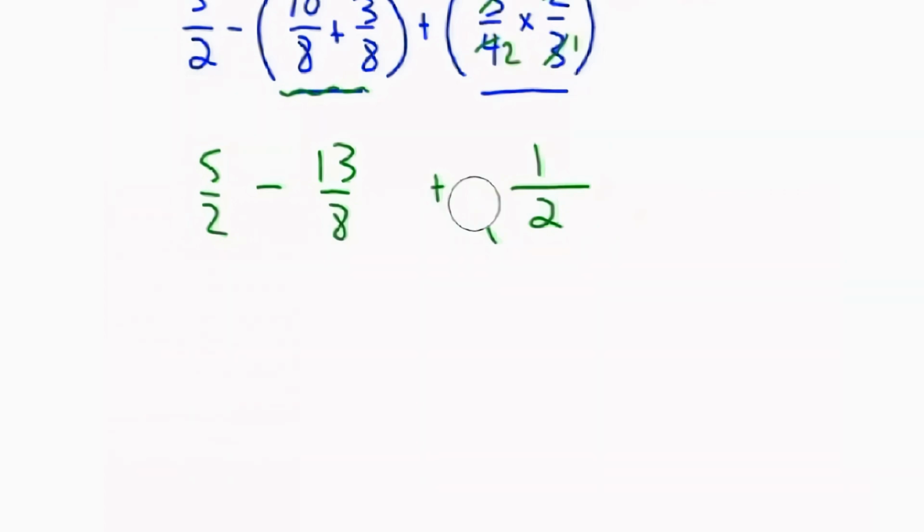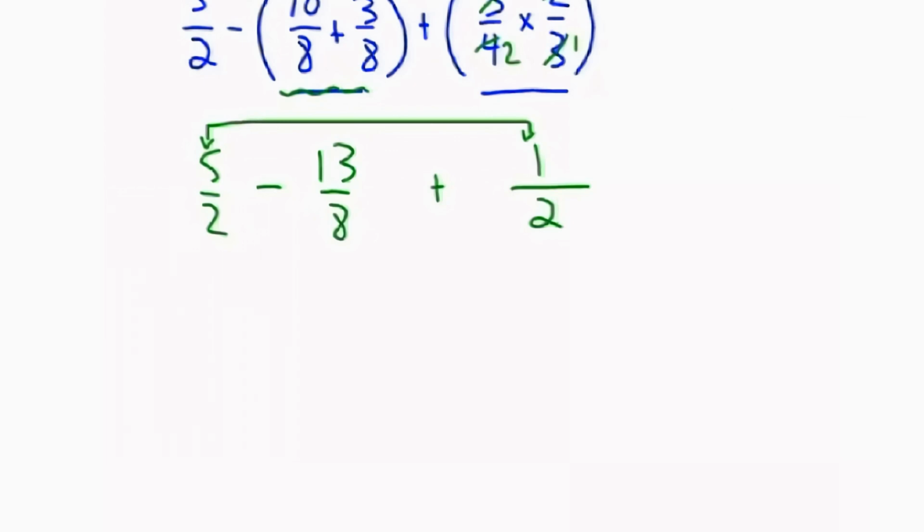And I don't really need the brackets around there. And it doesn't really matter the order that you do these in at all. You know what? I'm going to do these two first, and the reason why I'm going to do them first is when we add or subtract, it doesn't matter the order that we do them, and 5/2 and 1/2 have the same denominator.